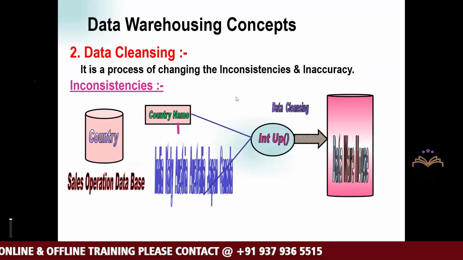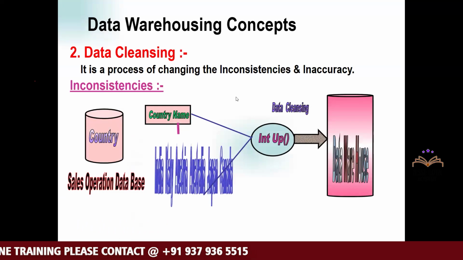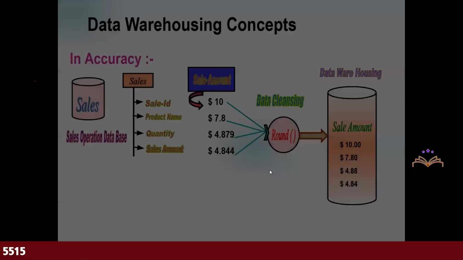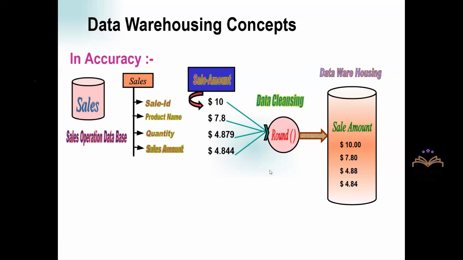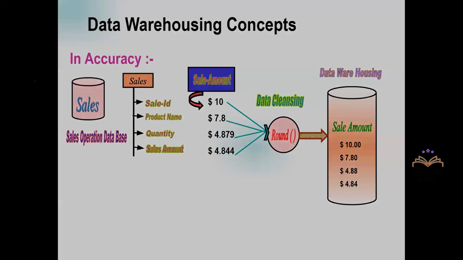In data cleansing you can consider this. And here we are doing an example of accuracy. We are considering two decimal points by doing the roundup. These logics are all implemented in transformation functions in DataStage. In practical sessions, I will discuss this in detail.